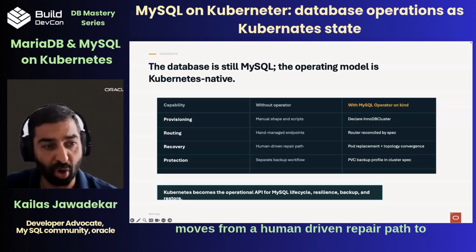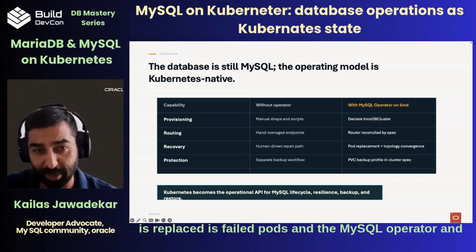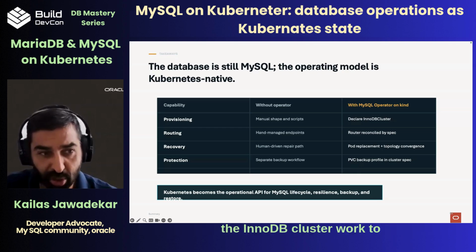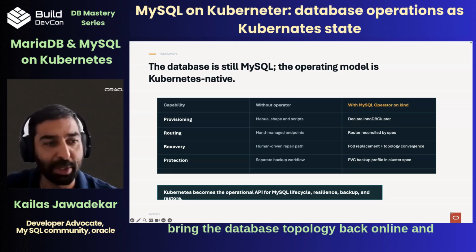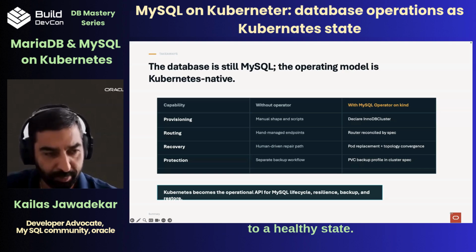Recovery moves from a human-driven repair path to pod replacement plus topology convergence. Kubernetes replaces failed pods, and the MySQL operator and the InnoDB cluster work to bring the database topology back online and to a healthy state.